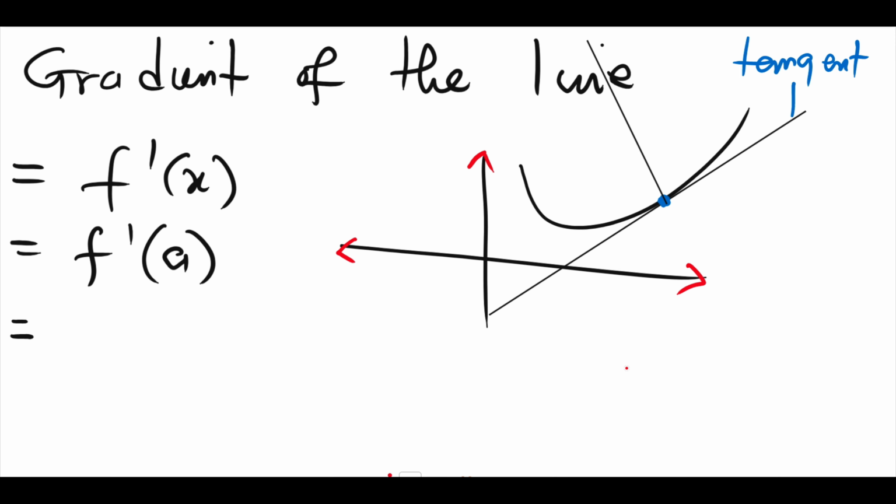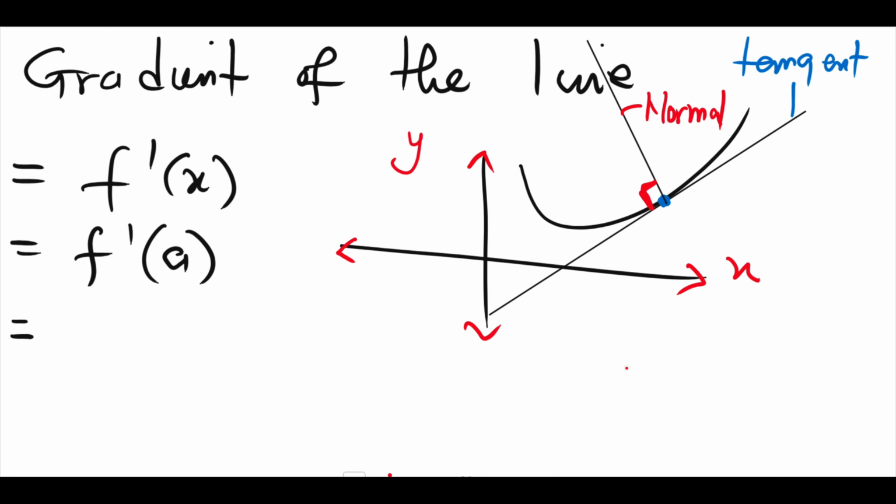This is my x-axis, this is my y-axis. So we have a line here which is perpendicular to the tangent. This line is what we call the normal. A line perpendicular to the tangent of a curve is called the normal.